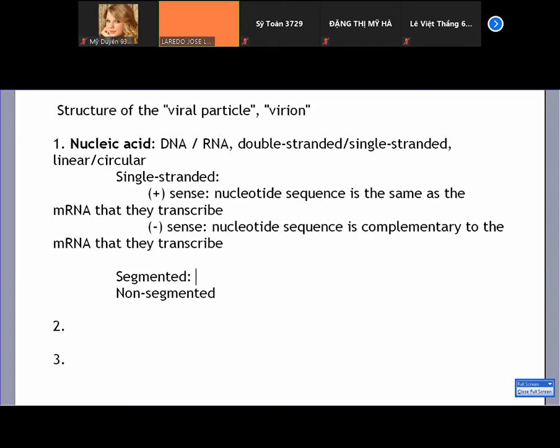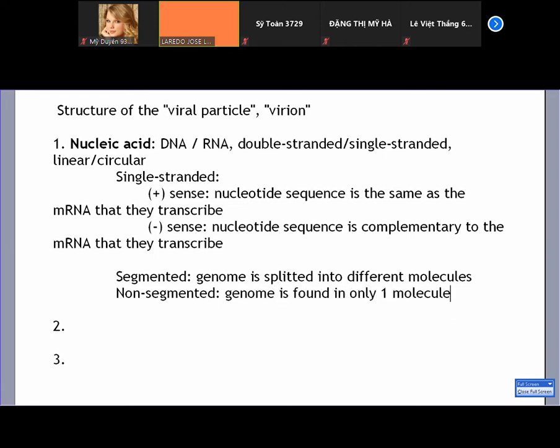Segmented means that all the genetic information, the genome, is divided into different molecules. However, non-segmented means that the whole genome is found in only one molecule. We will try to explain this in more detail next week.